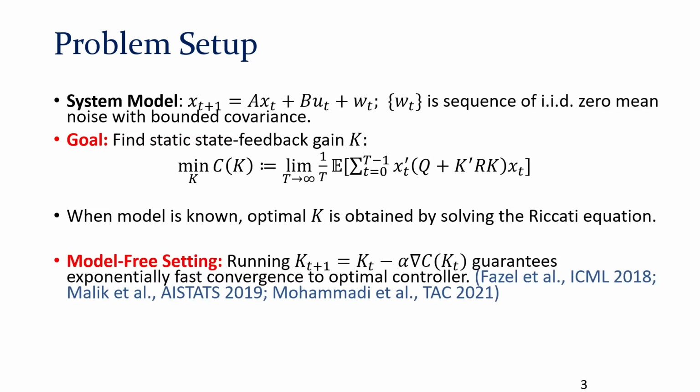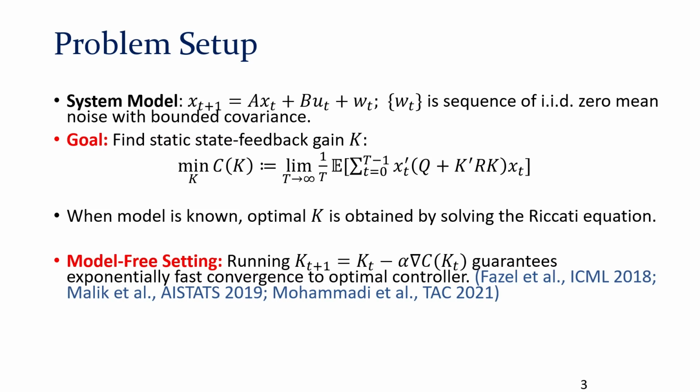And if it's not known, then as one of the speakers in this session mentioned, you can run a very simple gradient descent type algorithm where you think of the objective function as the LQR cost and the optimization variable as the policy. If one has access to exact policy gradients, then this simple scheme is going to guarantee exponentially fast convergence to the global optimal controller.